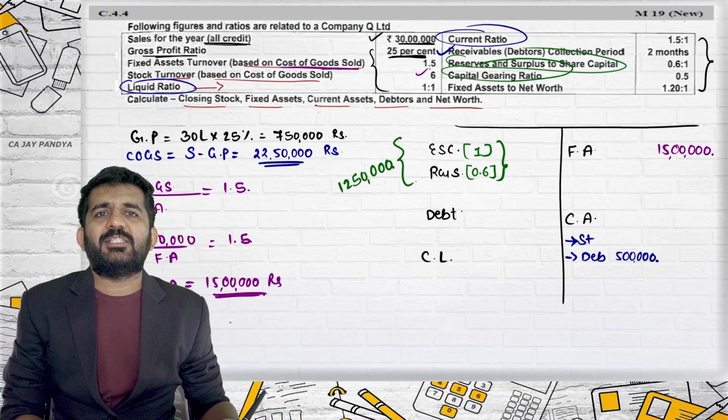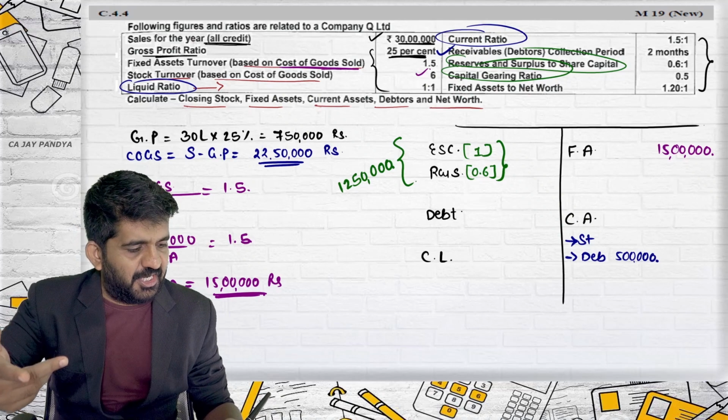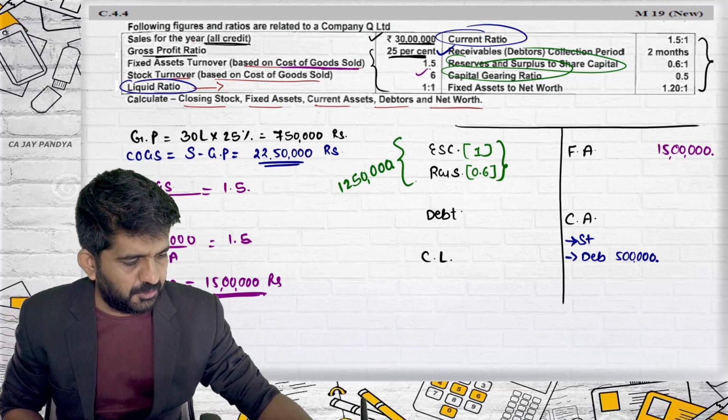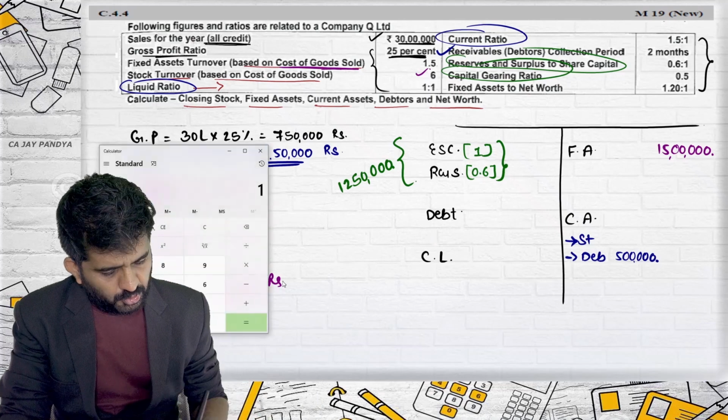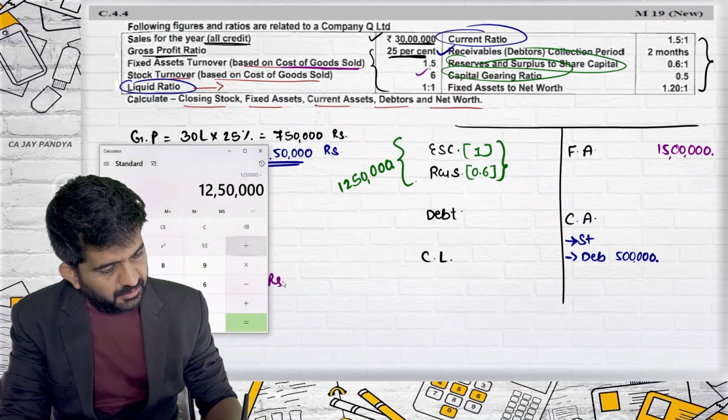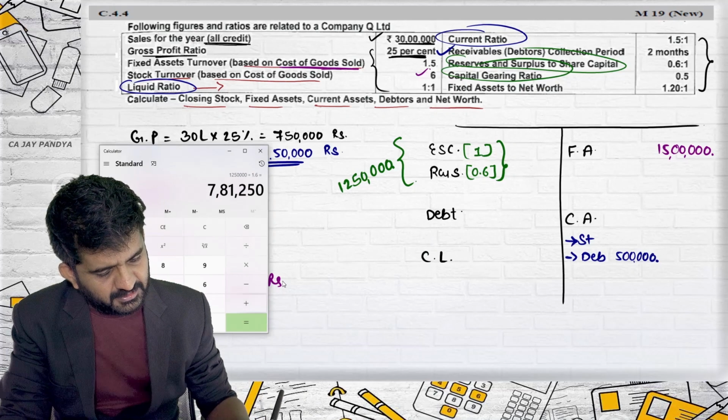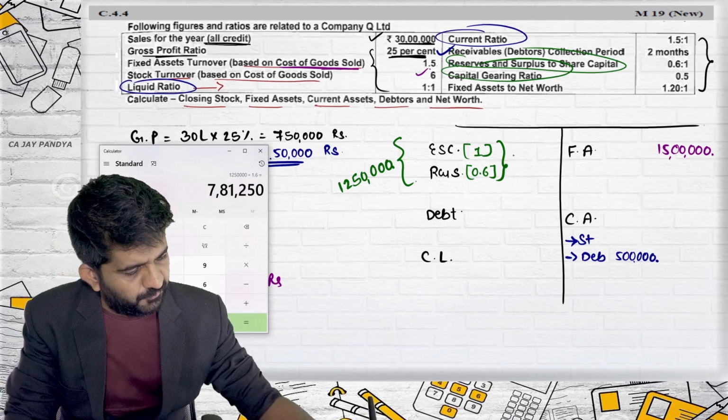I hope you understand. You can easily determine equity share capital and reserves and surplus. It will be in the ratio of 1 is to 0.6. So 12 lakh 50,000 divided by 1.6 is 7 lakh 81,250.